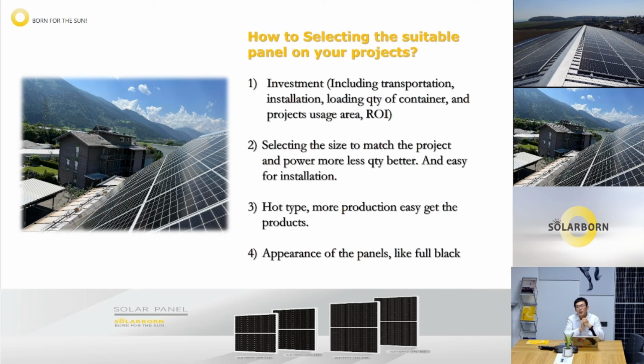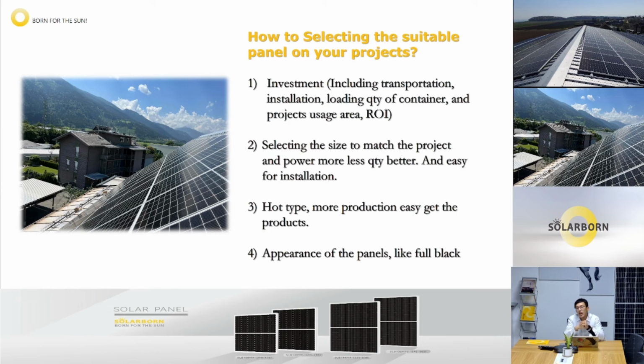And third, we have to consider the hot type, because the hot type solar panels in the market will have more production, so it is easier for you to get the products. If you want special size solar panels, maybe you have to wait for us to arrange the production for you.